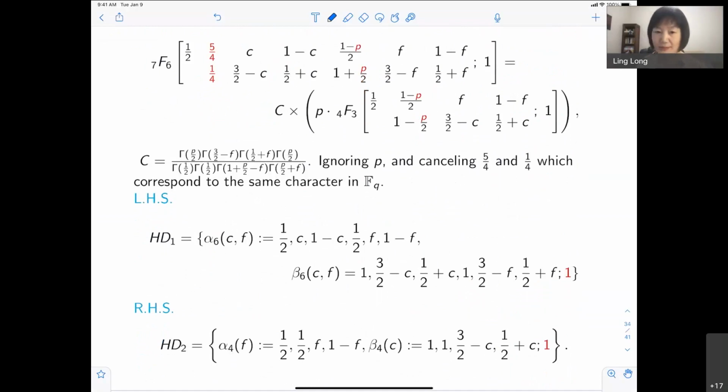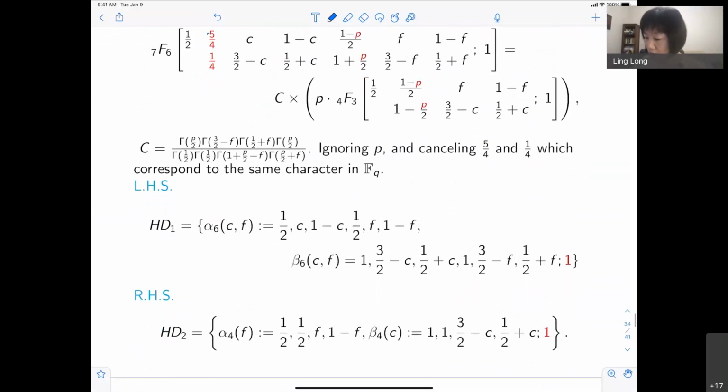Putting things together after I specialize a to be 1/2, and c and this value differ so the sum is going to be 1, etc., I get to the hypergeometric motif once I drop this 2. On the left-hand side, the hypergeometric motif evaluated at 1 has parameters 1/2, c, 1 minus c, 1/2, f, 1 minus f.